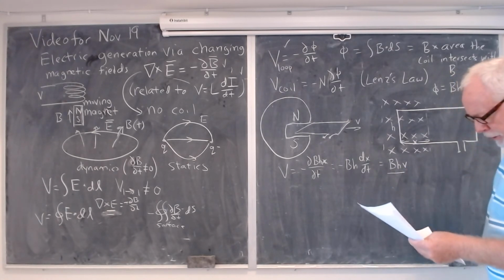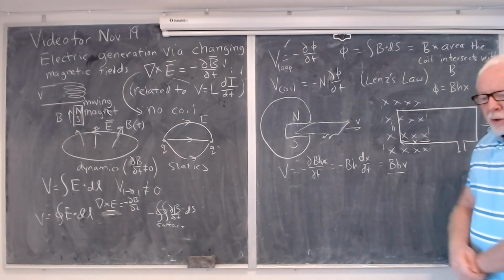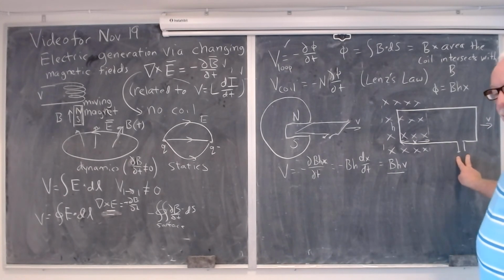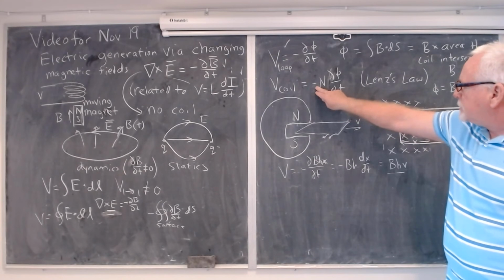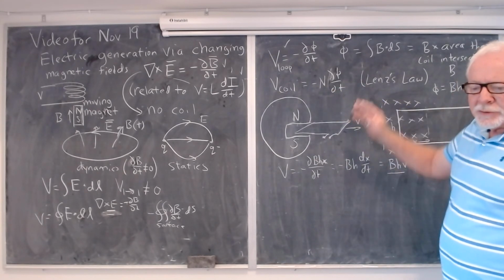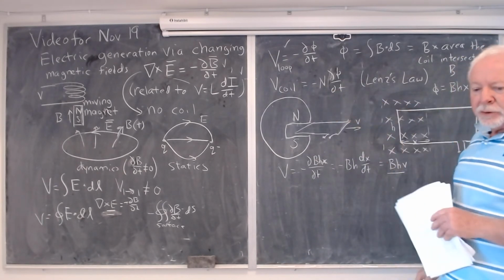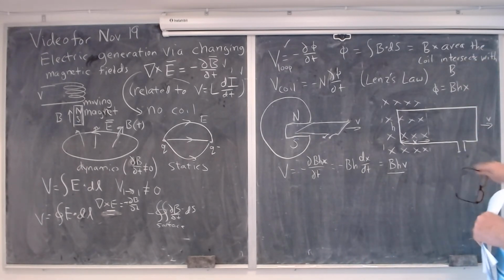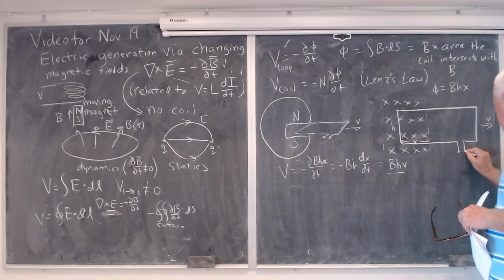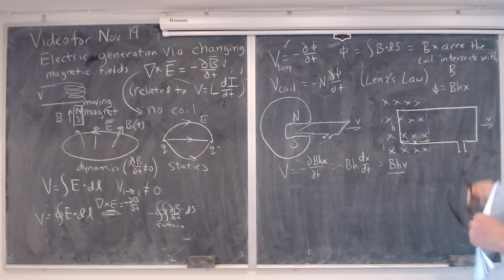Now, I haven't drawn a polarity here because in principle you could use the minus sign to figure it out, but there are so many minus signs going on here and flips of dimensions that I prefer to teach what the polarity is by thinking about the current that has to flow.